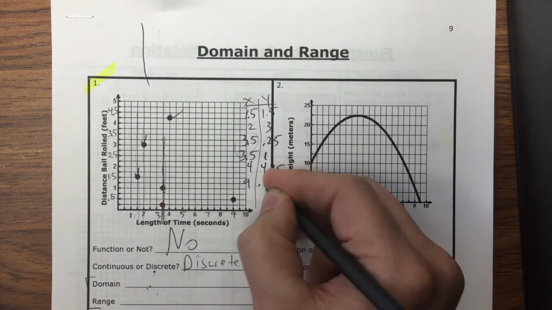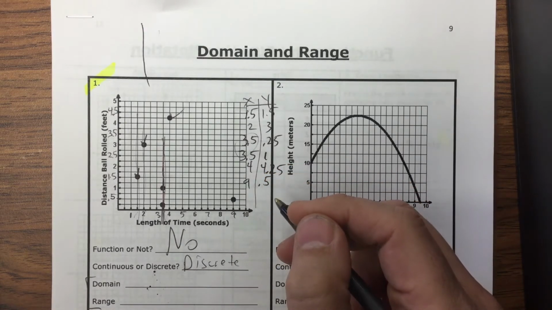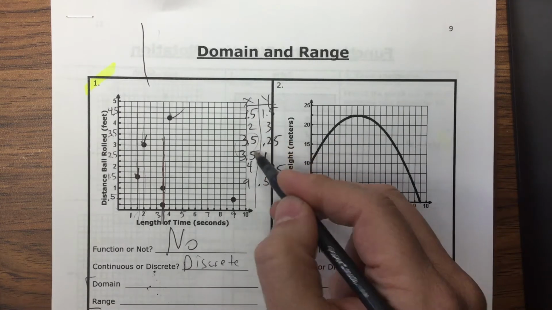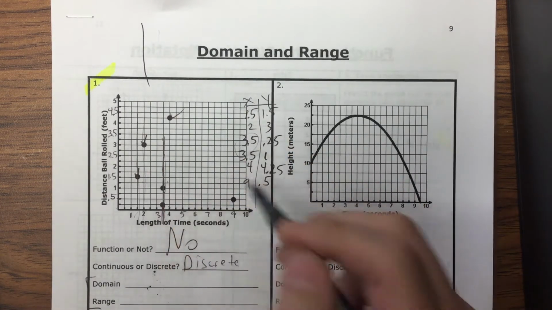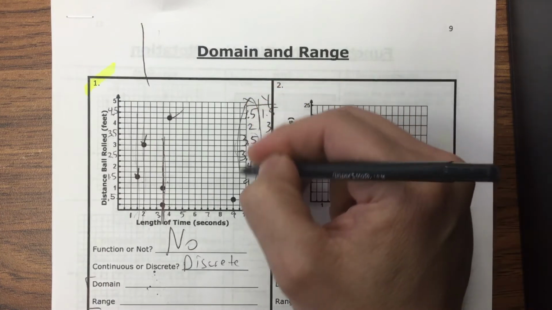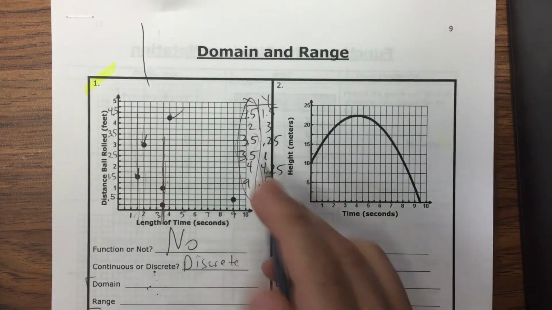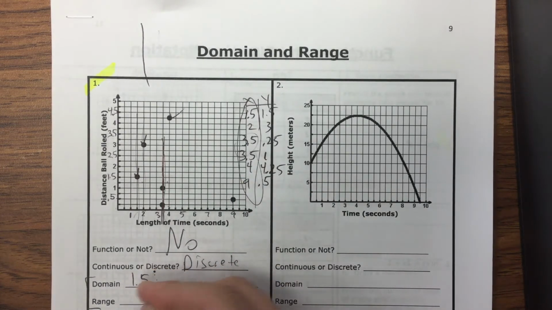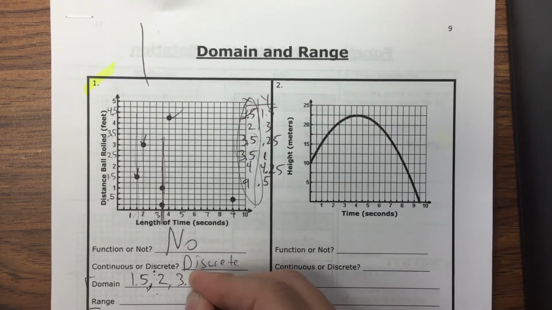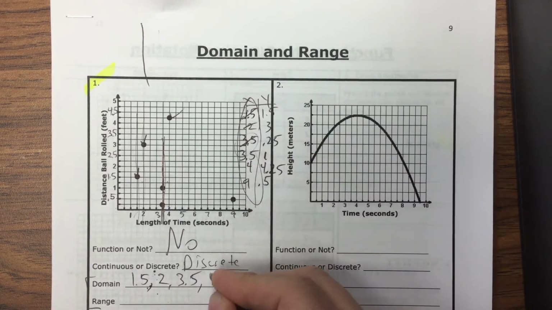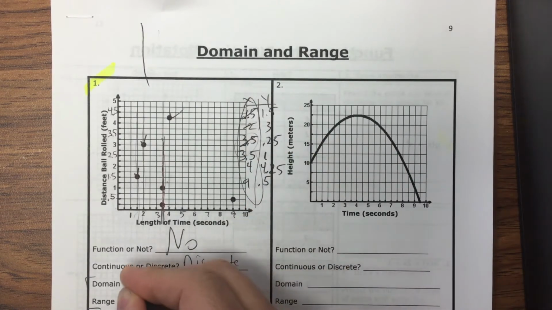It's a little bit of work getting it set up, but once you've done that, you're pretty much done. You take all these x values, that's the domain. You could put them in order: 1.5, 2, 3.5. Now notice I have 2 of those, but I only write it once. 4 and 9.